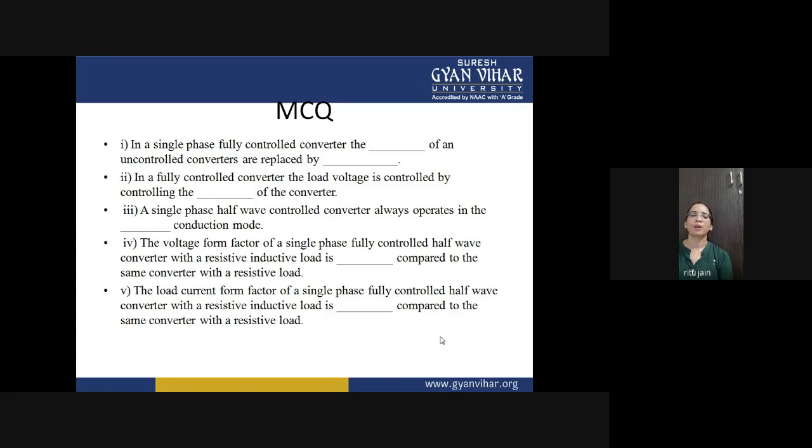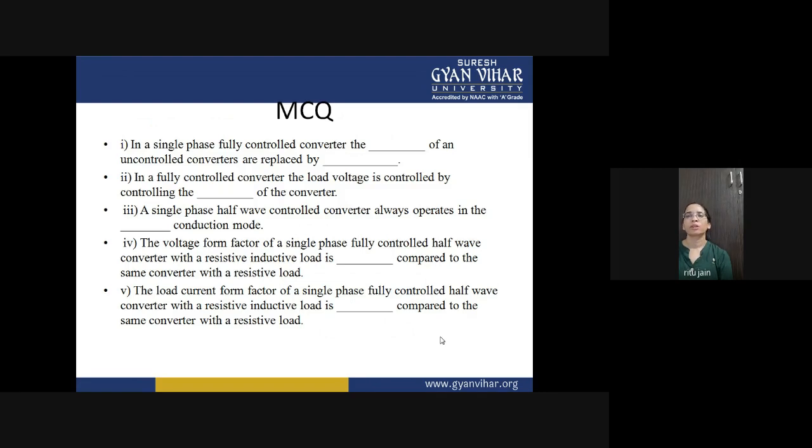As you know, a diode is an uncontrolled device, and SCR is a controlled semiconductor device. So in a single phase fully controlled converter, the diode of an uncontrolled converter can be replaced by SCR.